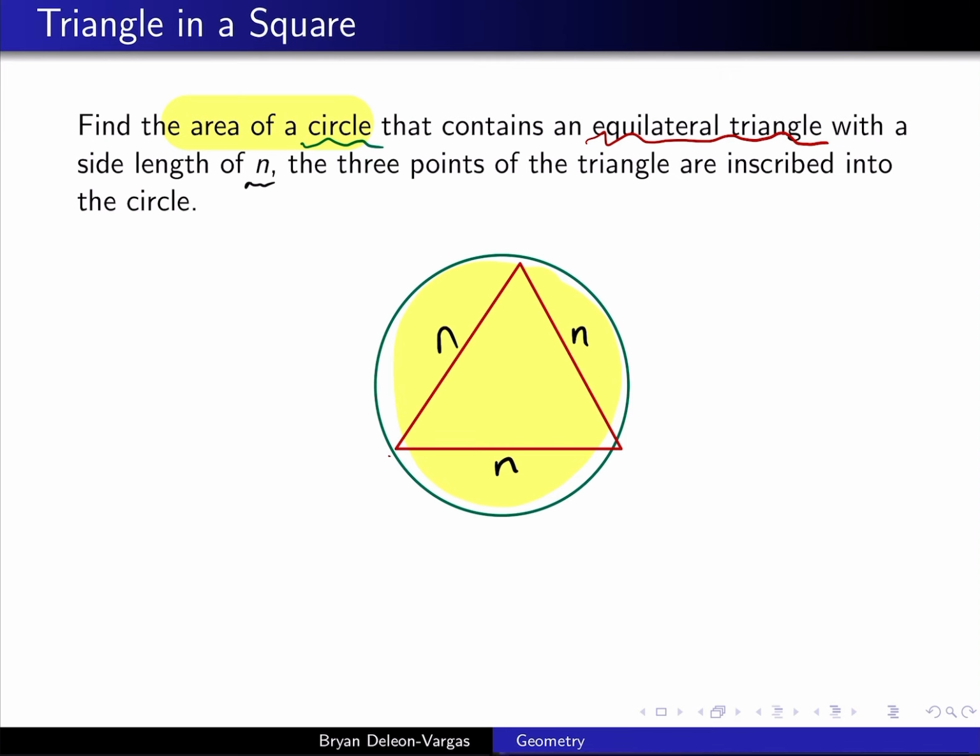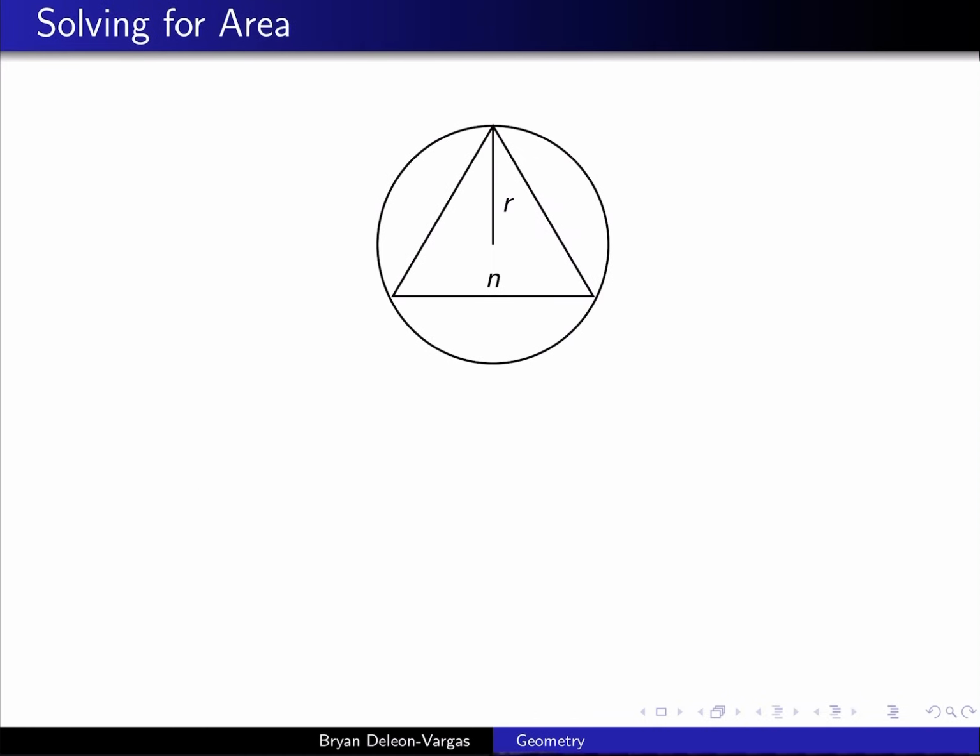All right, now that we have our problem drawn out, we can start thinking about how we're going to solve it. Well, here's our diagram from earlier with an extra step. But how do we solve for the area of a circle? Well, we're going to use the equation area is equal to pi r squared.